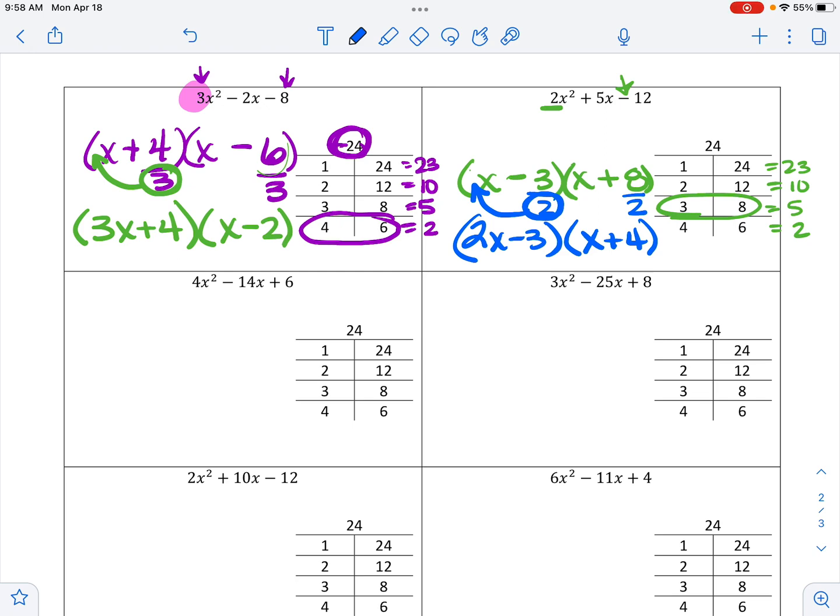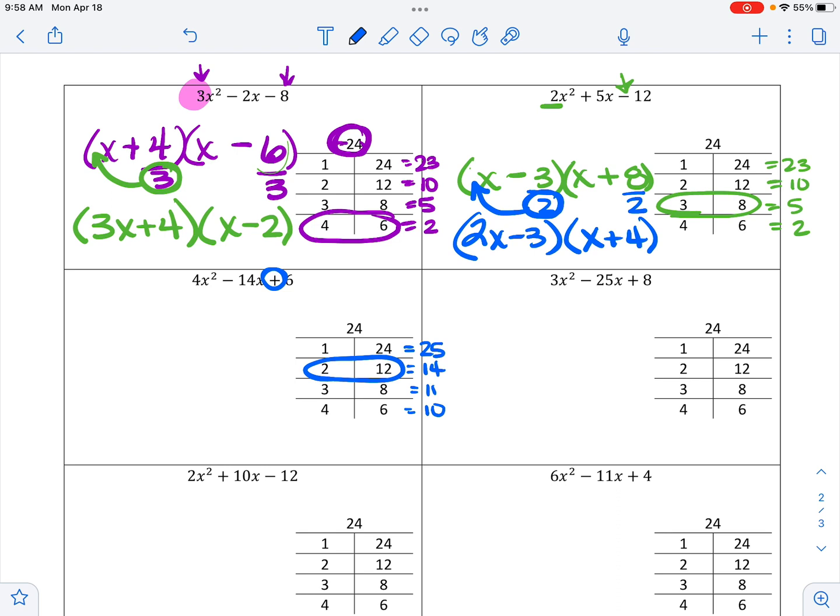Okay, so this one is positive. So what am I going to do with my factors? I'm going to add them. I found my magic pair.